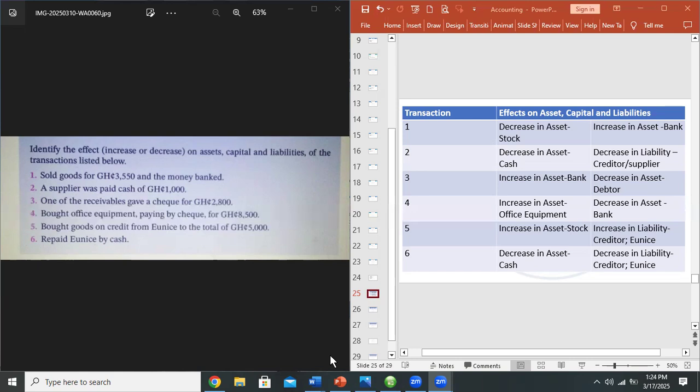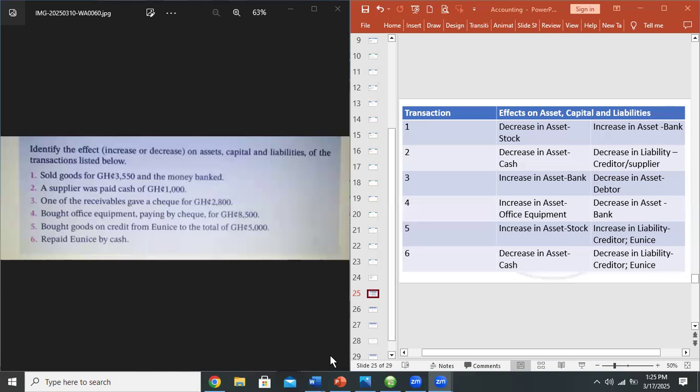Okay, so let me take this whole thing again. Now, you all appreciate that businesses engage in transactions. And when we say transaction, it means any activity that has a monetary element. There's money in it. So you all appreciated this when we were looking at examples of transactions. Bought goods, maybe 100,000 cash. Now, what we are trying to do is to record this transaction in the accounting way.